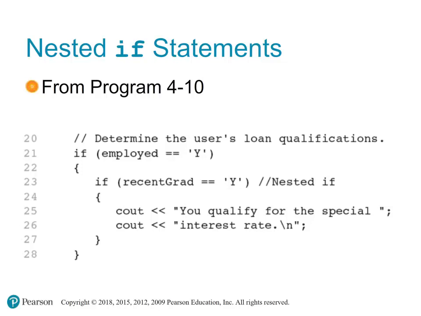If both conditions are met, the user is informed that they qualify for a special interest rate. So the nested if structure ensures that recent grad is only checked if employed is y, making the conditions dependent on each other.